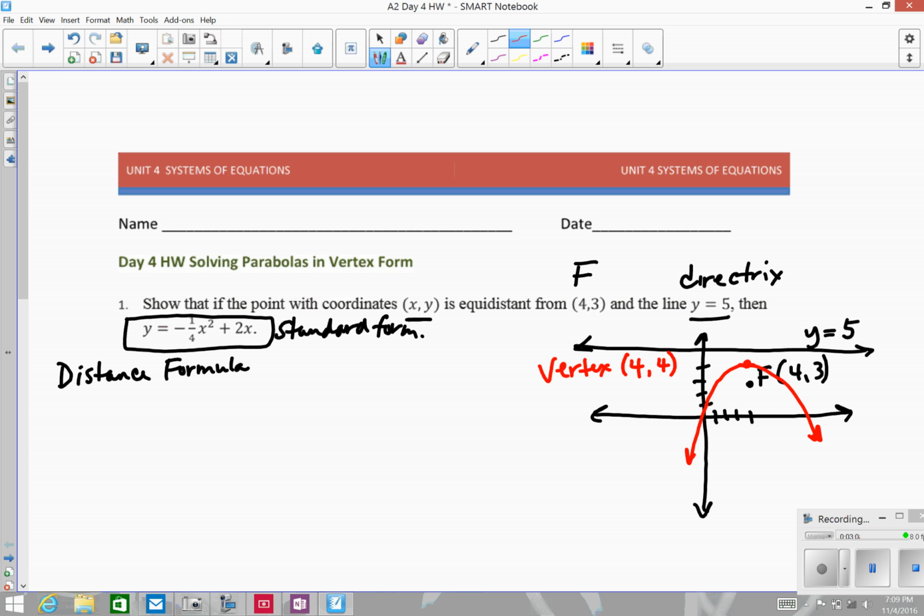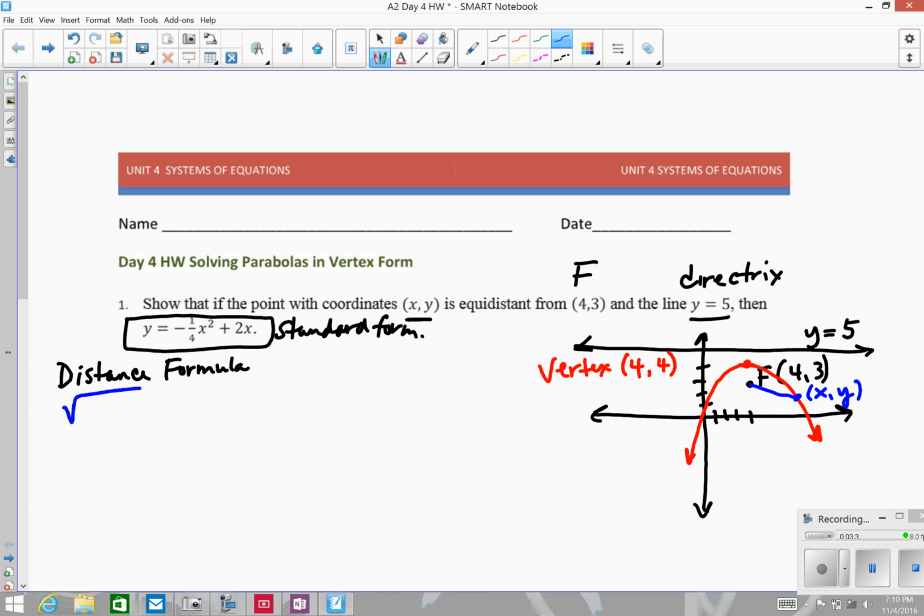All right, I'm going to write the distance now from my point xy. I'm just going to pick a random point. I don't want to place it on any particular grid line. We're just going to call it x, y. And I'm going to write the distance formula to get the distance from that point to the focal point.